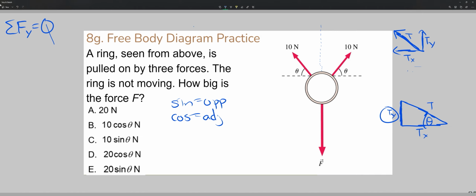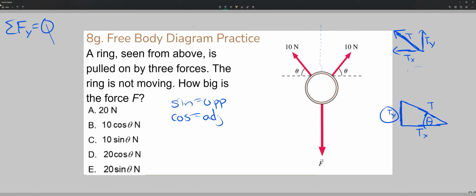It's opposite to this angle, which means that if we were to solve for this side, the hypotenuse is T, sine because it's opposite, and then theta. So for this y side, because it is opposite, I'm going to use sine, and I'm always going to put my hypotenuse in front of the sine.